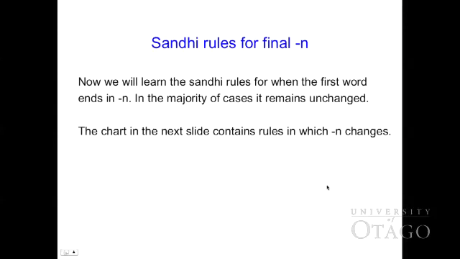Now let's study sandhi rules for final N, consonant sandhi. We will learn the sandhi rules for when the first word ends in N. In the majority of cases, it remains unchanged. The chart in the next slide contains rules in which N changes.